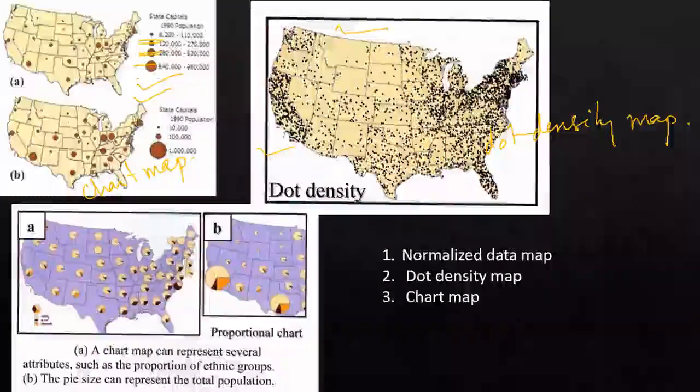If it is less population, you have given a less solid circle, and a larger solid circle represents larger population. So this is called a chart map.